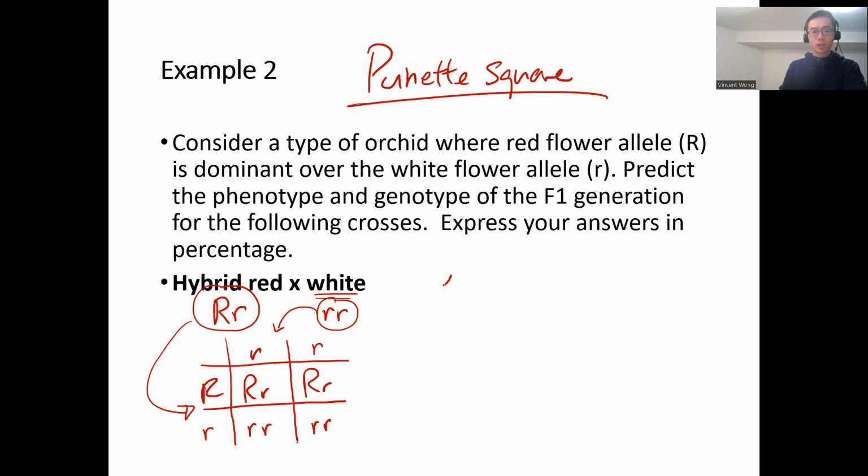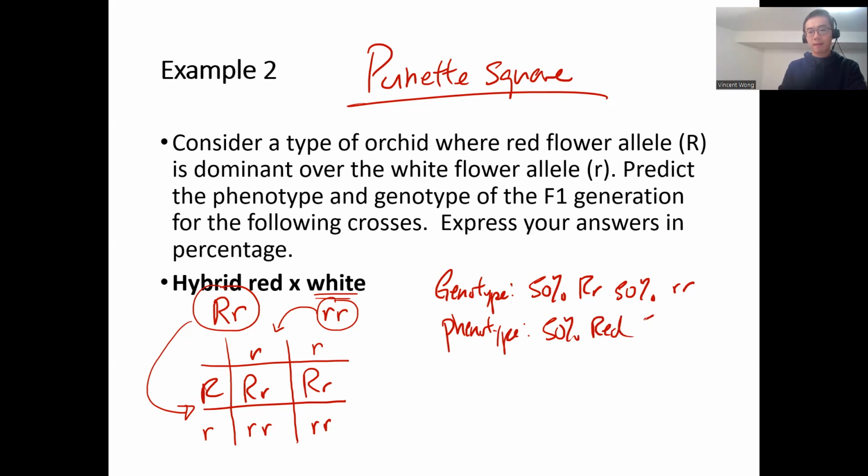So genotype: 50% big R, small r, 50% small r, small r. And for phenotype, 50% red, 50% white. Okay.